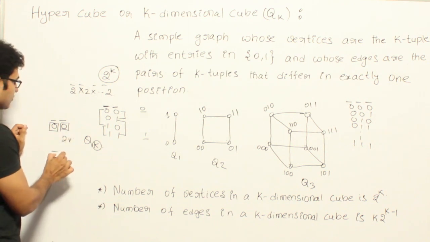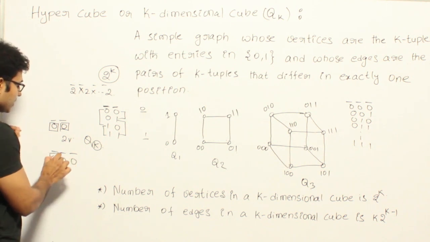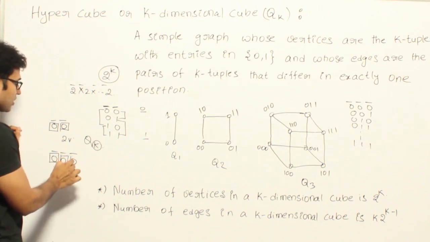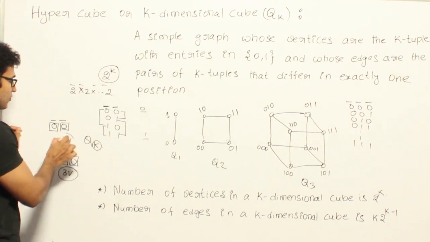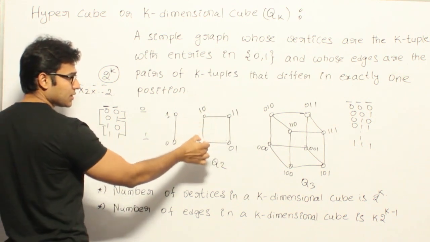If I have 3 bits, and there is a vertex 0 0 0, how many vertices can this be adjacent to? Either this bit can change, keeping these two constant, or this bit can change, or this bit can change, which means 3 vertices. So in Q2 each vertex can be adjacent to 2 other vertices.